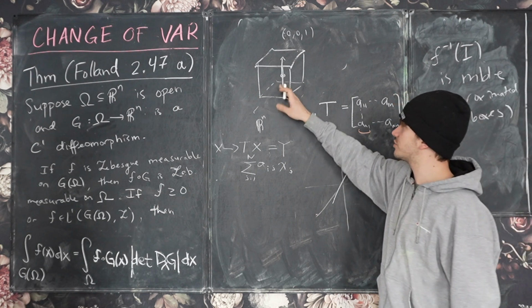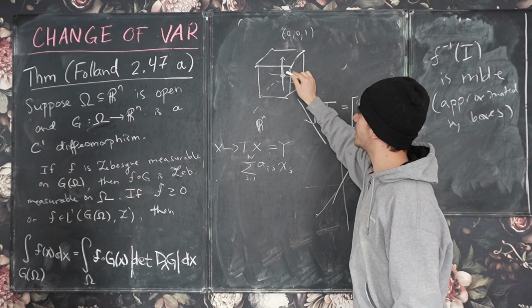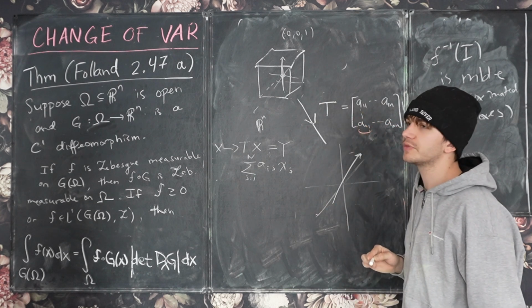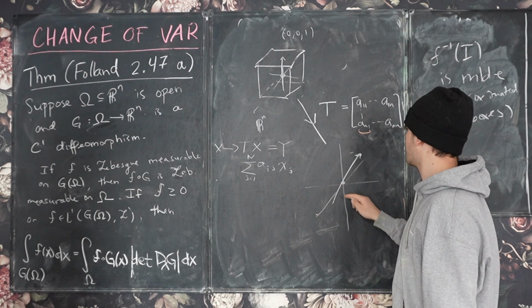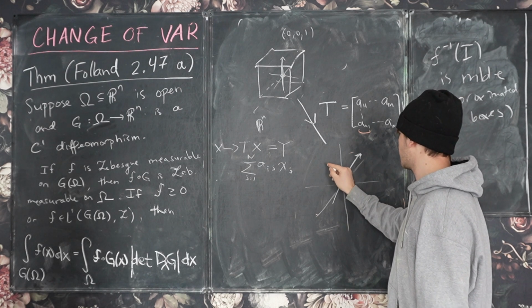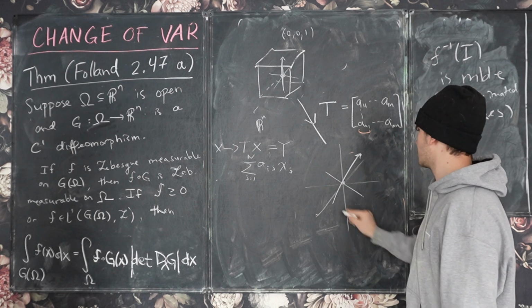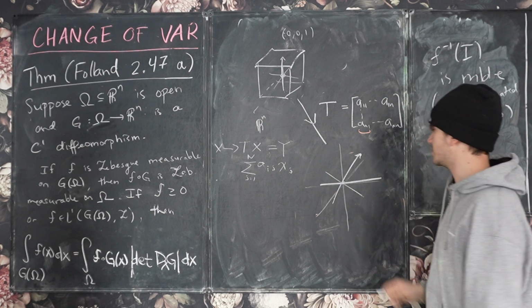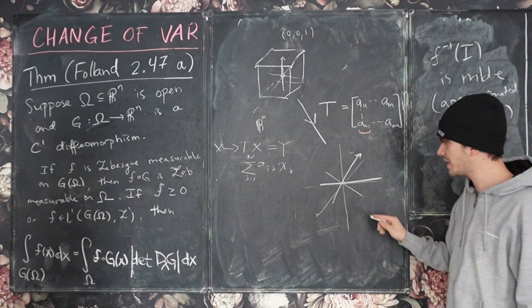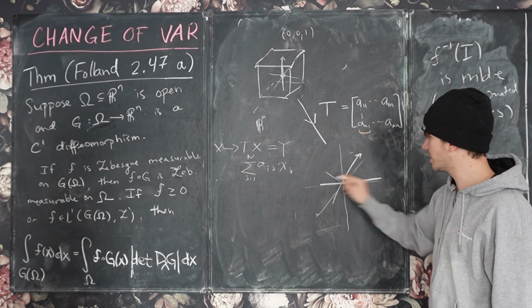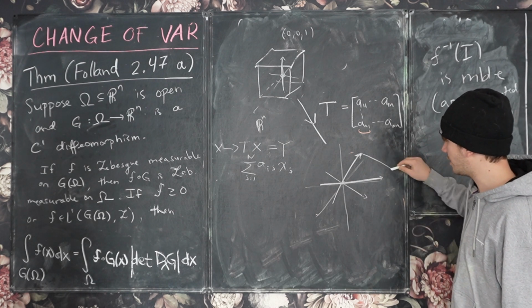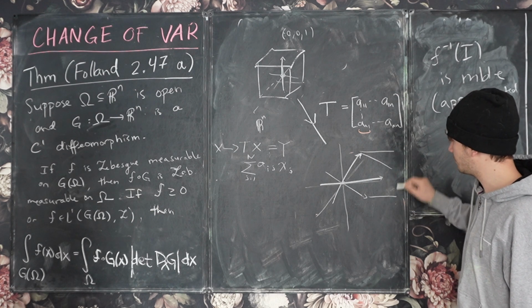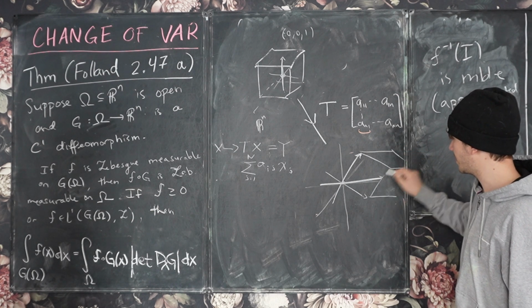Right, yeah. So these three lines which define the cube are going to get sent to three lines in here. Let's see if I can draw this. Let's do these three lines. If I look at these three lines, they're going to cut out a parallelepiped.